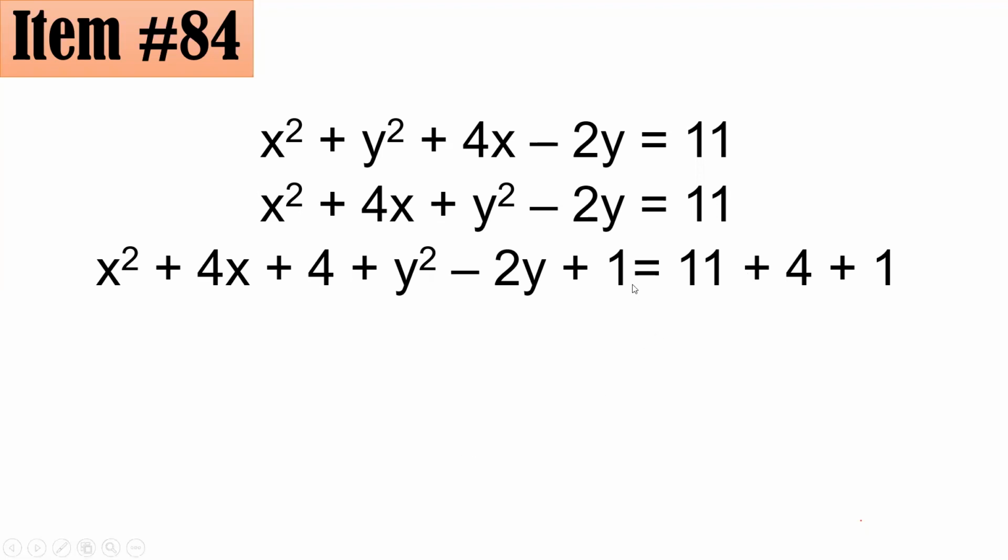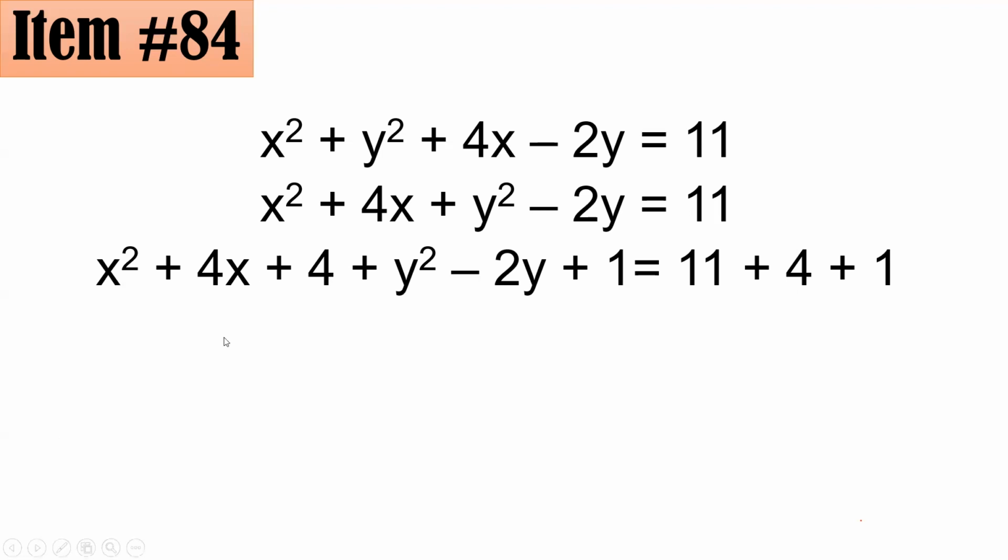That will give you positive 1. That's the reason po, nag-completing the square po tayo and added 4 and 1 on the left-hand side. But remember, whatever is added on the left side should also be added on the right side. That's why I added also 4 and 1 sa right side po natin.